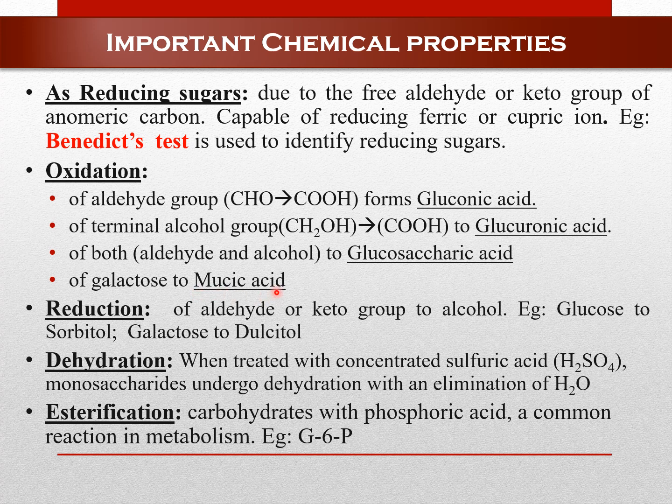You may want to ask ChatGPT or AI to find out on these two oxidation. Reduction also can take place of the aldehyde or keto group to become alcohol. So glucose to sorbitol, while galactose to dulcitol. So that means formation of alcohol in the sugar.